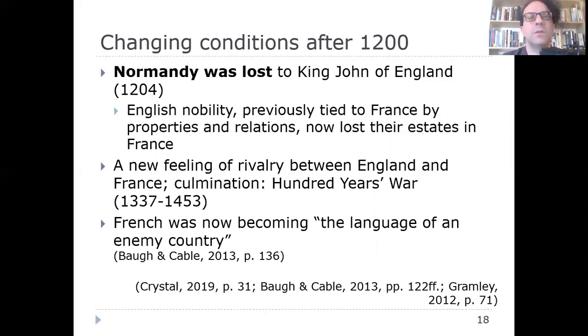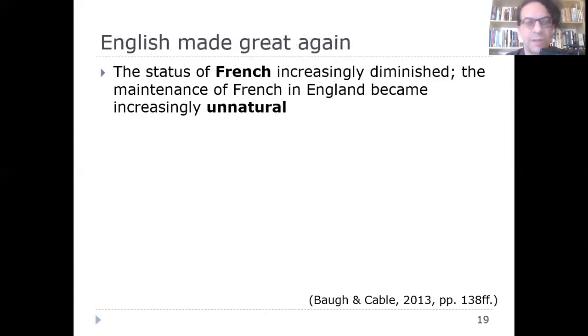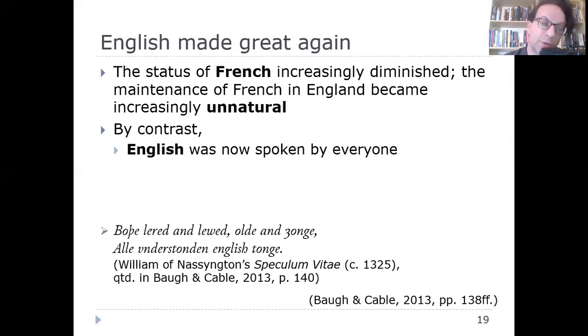And this leads to, of course, people maybe not wanting to speak as much French anymore, as you can imagine. The status of French was diminishing, and the maintenance of French in England became increasingly unnatural. By contrast, everybody spoke English, right? So the 95% anyway, but then the upper classes now were also switching over to using English rather than French sometime in the 13th century.